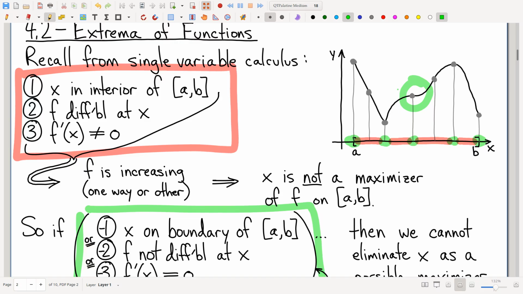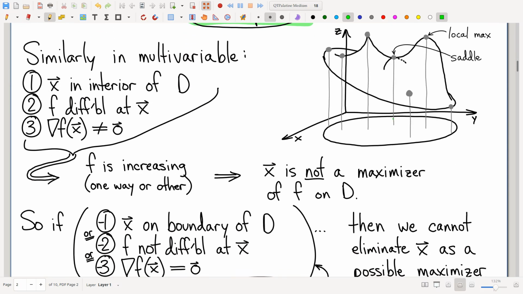Okay. So there is a multivariable version of this elimination argument, and here's the big idea. Again, there are 3 conditions that you can write down, and if those 3 conditions are satisfied, that's definitely not a maximizer. So you look at that point right there.